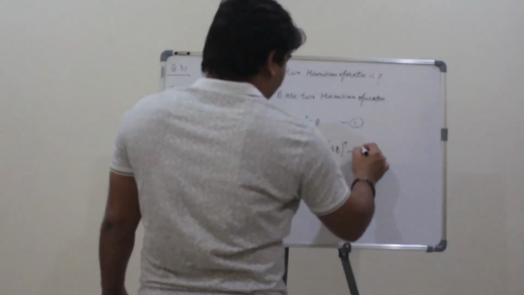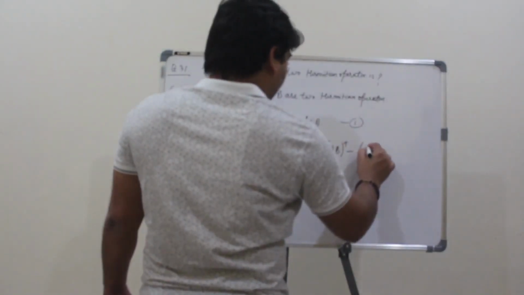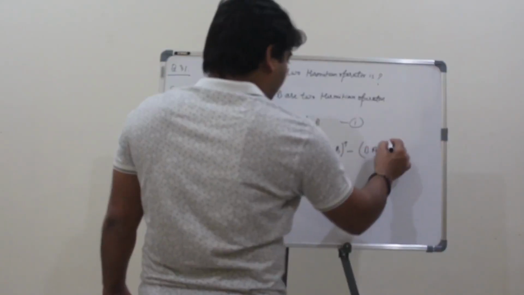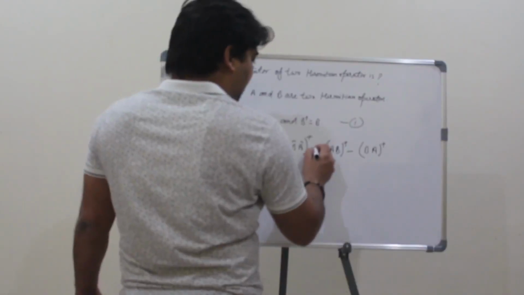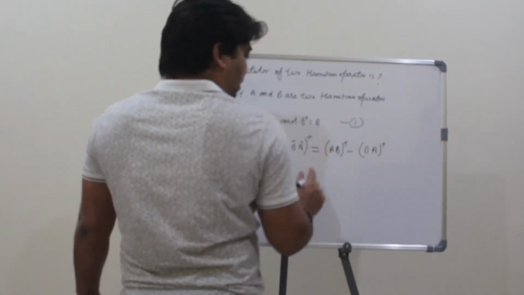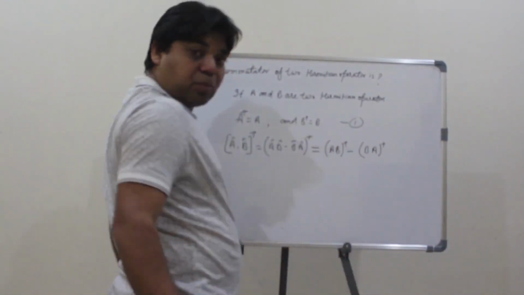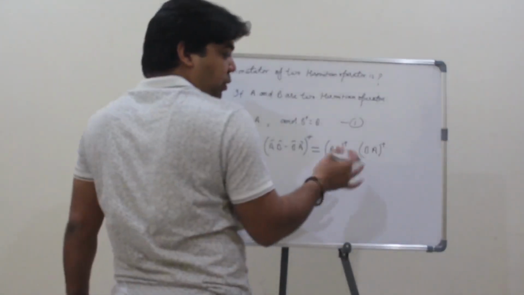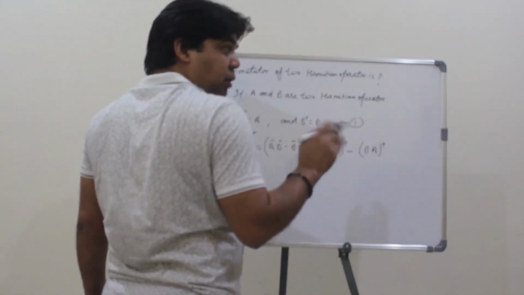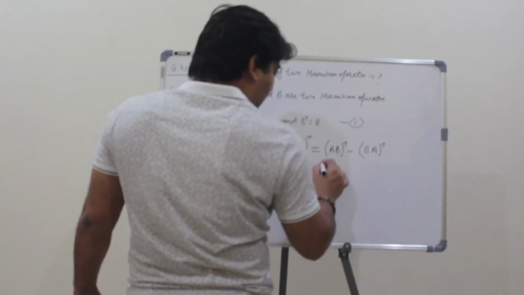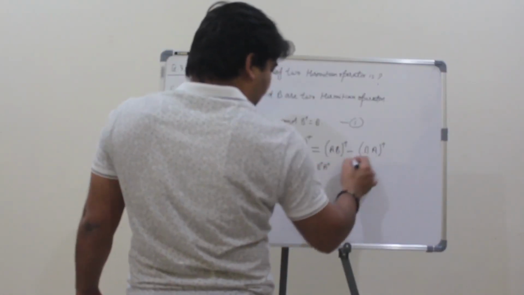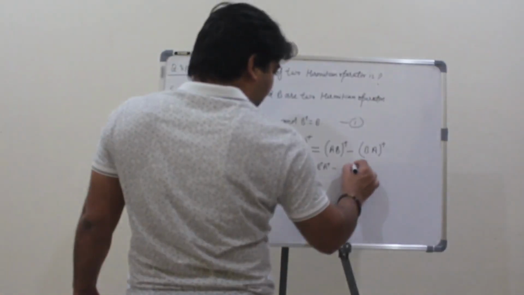AB whole Hermitian conjugate minus BA whole conjugate. Now remember that the conjugate of the product of two operators will always, for matrices, exchange. So it will be B dagger A dagger minus A dagger B dagger.